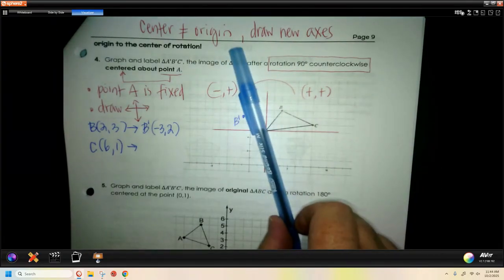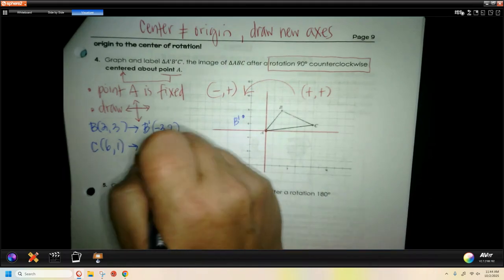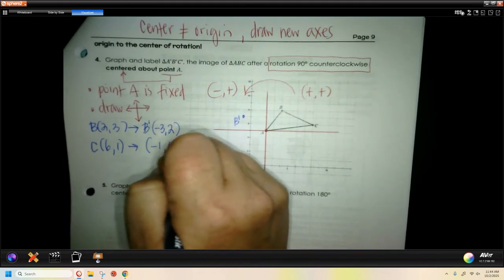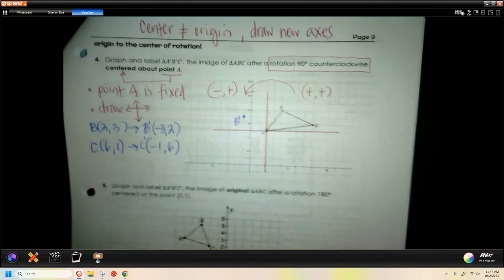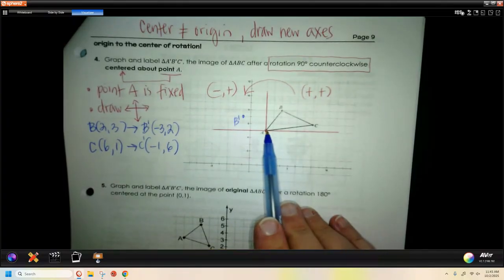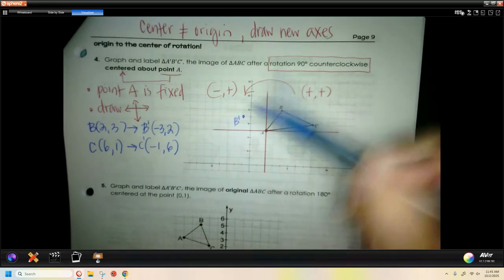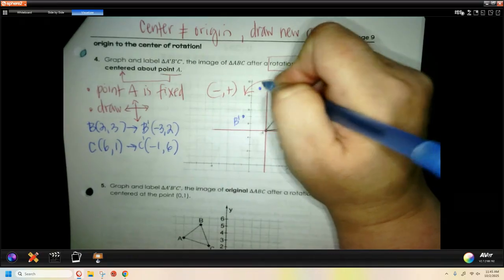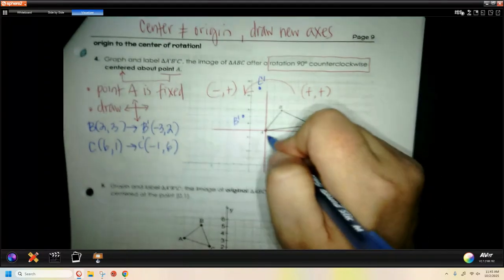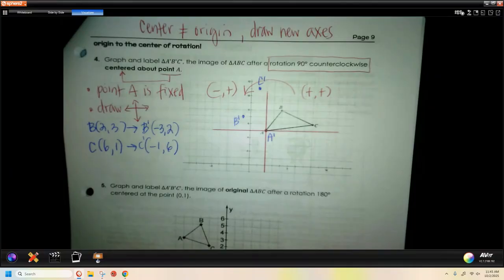I want it to go up there. Can you guys see that 90-degree angle when I put my pen this way? Yeah. So that means it's going to be back 1, up 6, C prime. So I go to A, and I go back 1 and up 6. 1, 2, 3, 4, 5, 6. I'm way up here. C prime. And A prime is the same thing as A.